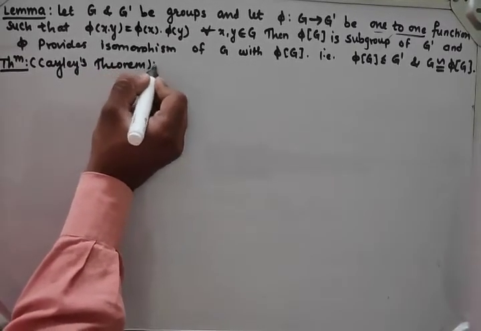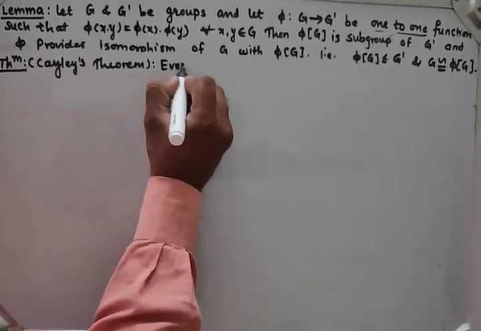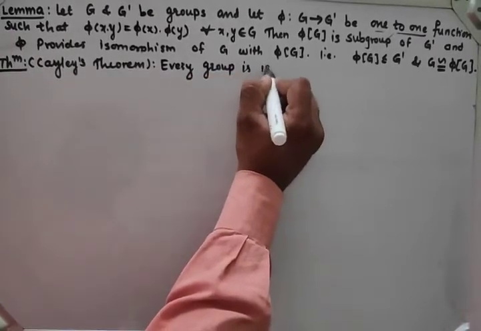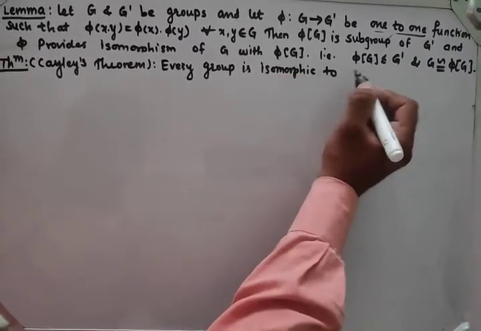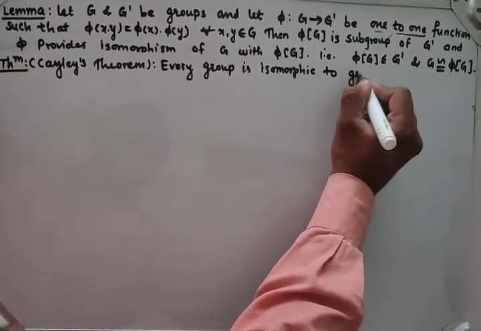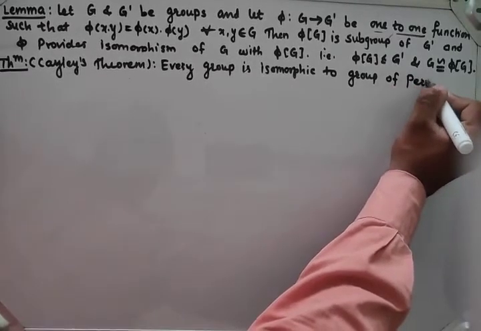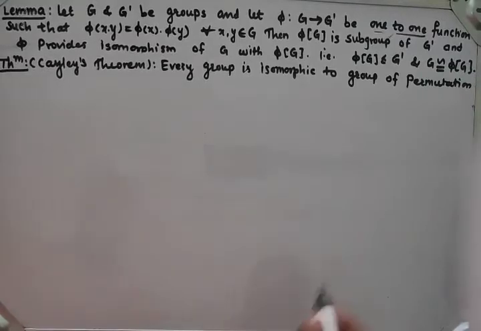The statement of the theorem is, every group is isomorphic to a group of permutations.